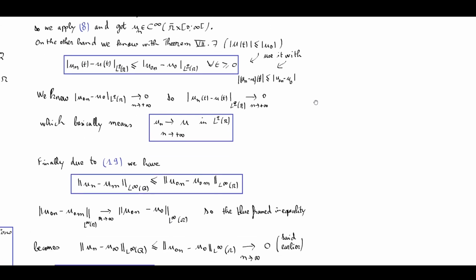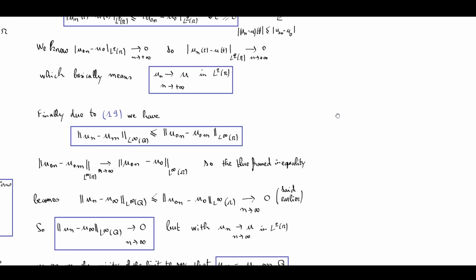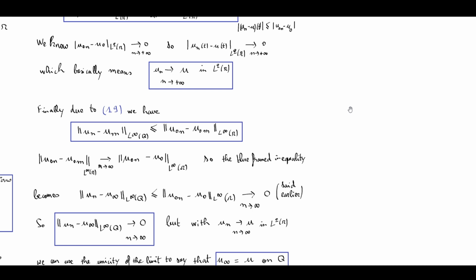Finally, due to 19, we have that the L infinity norm of un minus um on Q is smaller or equal to the L infinity norm of u0n minus u0m on omega.